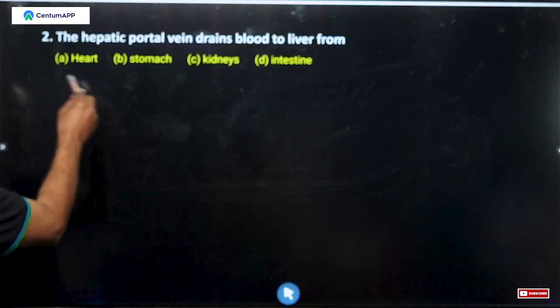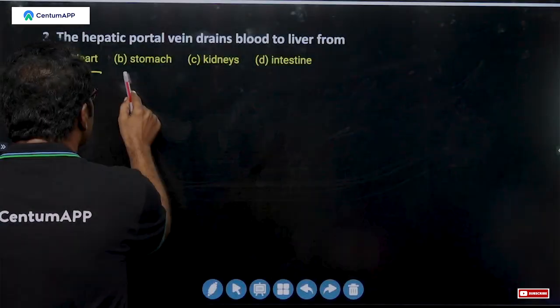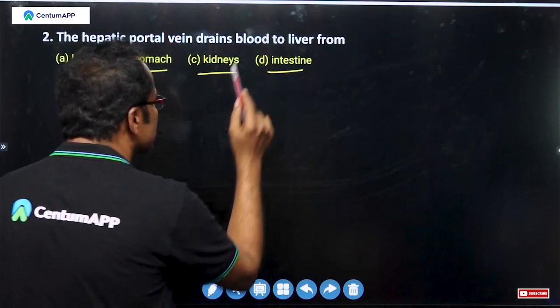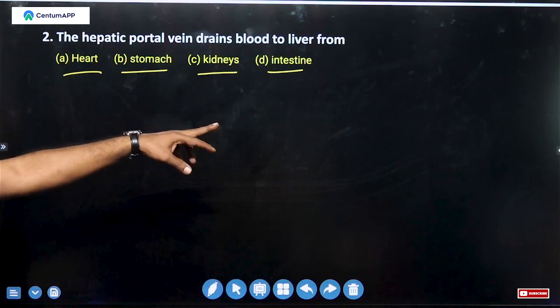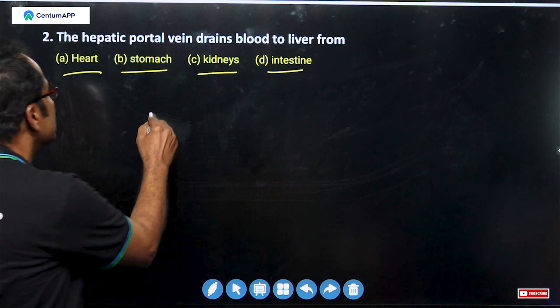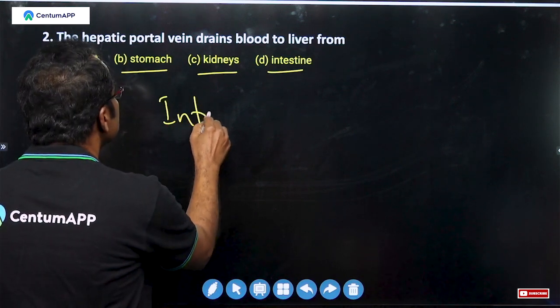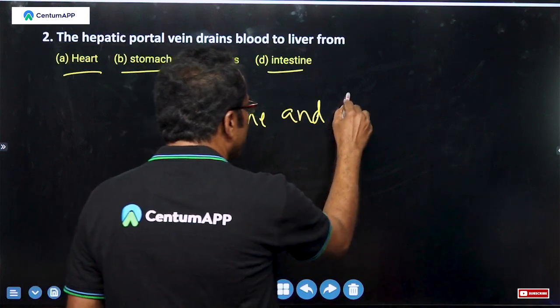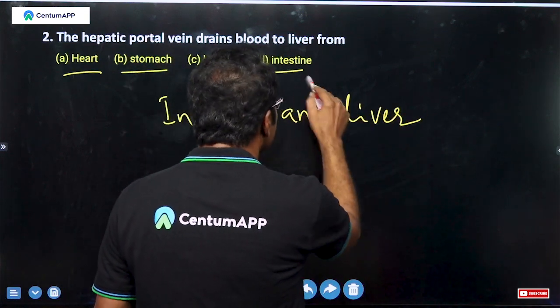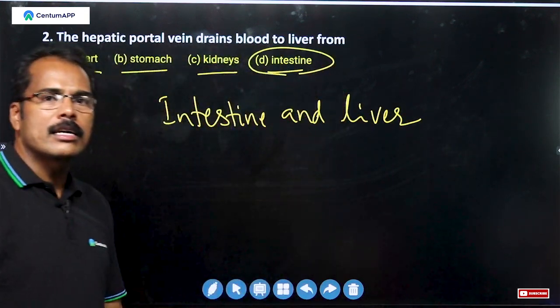The options are stomach, kidneys, intestine. The hepatic portal vein is a connection between the intestine and liver. So, option D is the correct one.